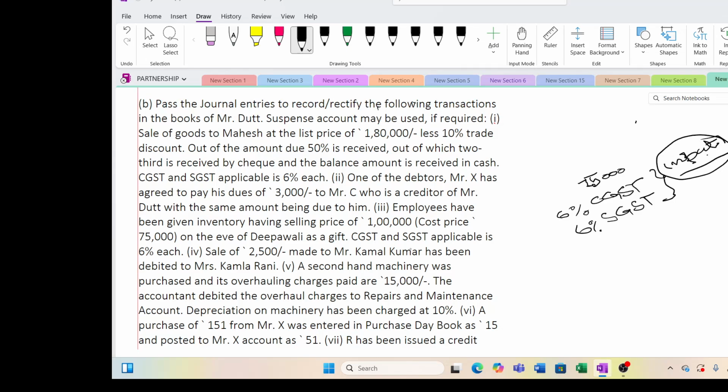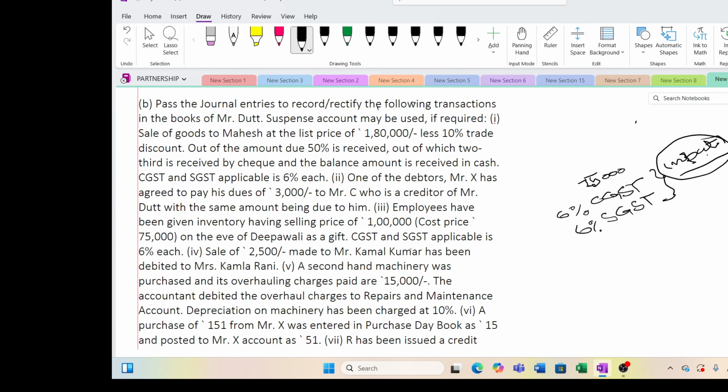But now what happened? He is not selling the goods. So nobody is going to pay him the tax, because this is given to the employees free of cost. Employees are also not going to pay the tax because you are giving it free of cost. Then it is also a loss to Mr. Dutt. You have to take that as total expenses.